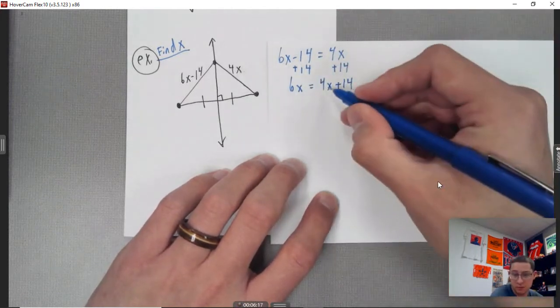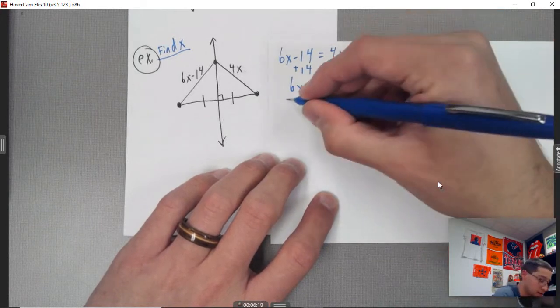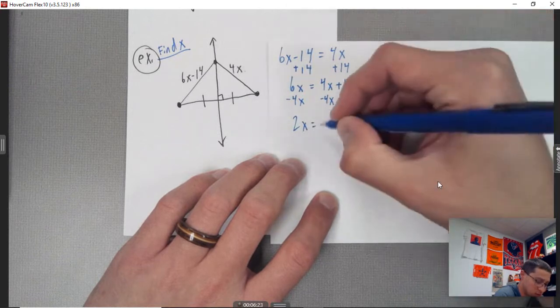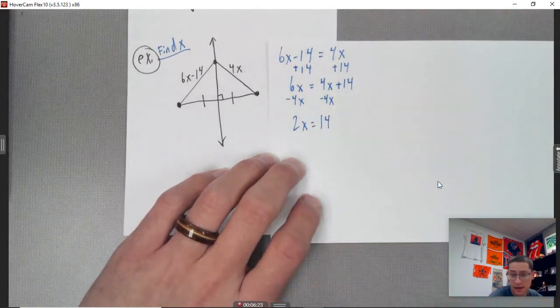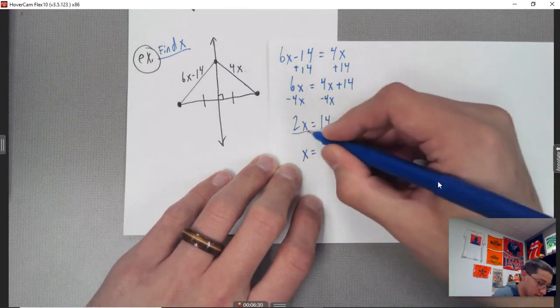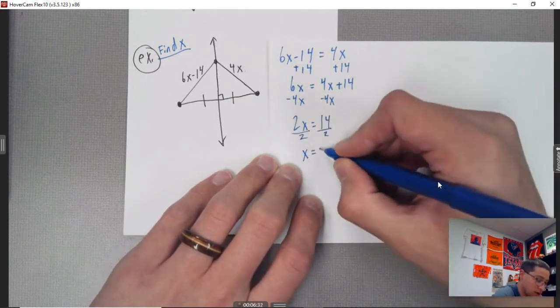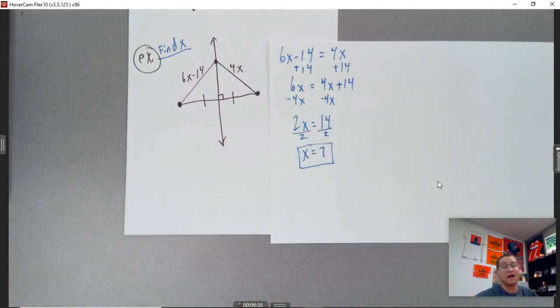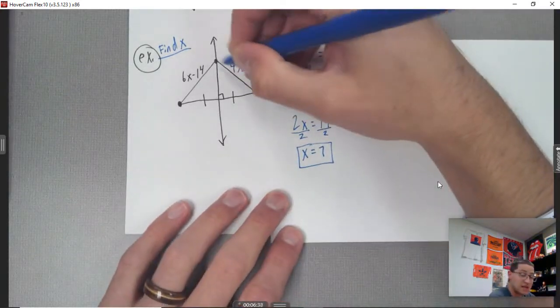But I also need to subtract 4x from both sides, so I end up with 2x is equal to 14. And last step, dividing by 2. Therefore, x is 7.